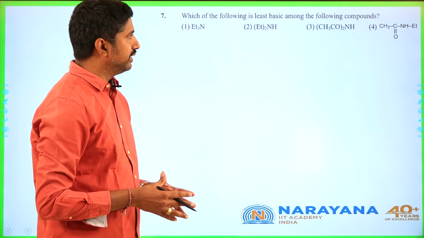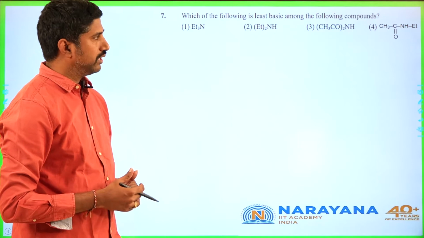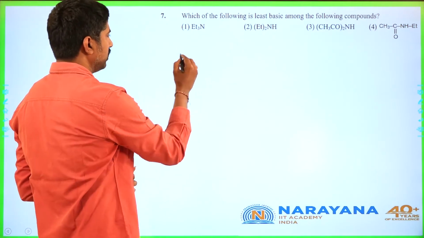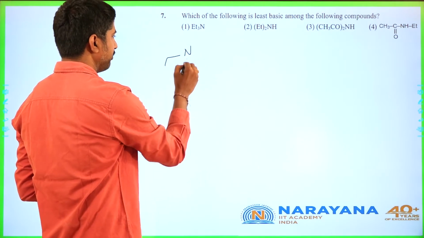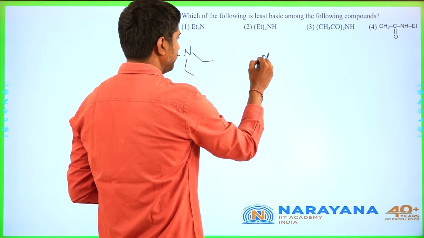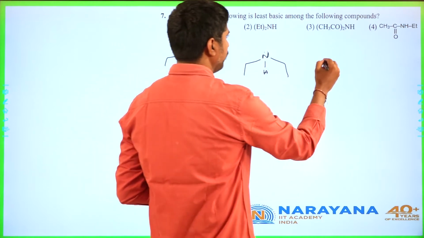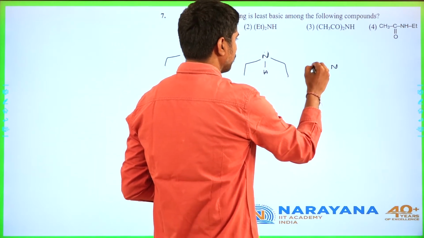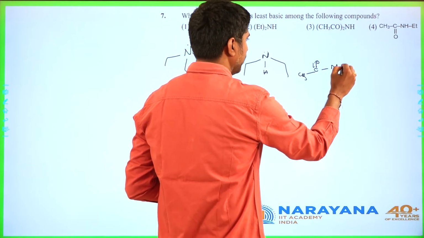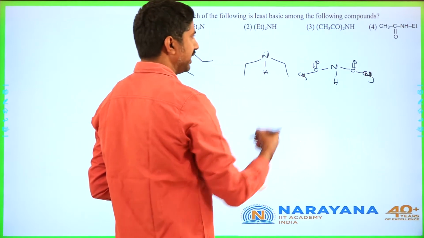Which of the following is least basic among the following compounds? Four compounds are given, and they are asking which is least basic. The first one we have is triethylamine, the second one is diethylamine, and the third one is an amide, CH3CONH with a CH3 group.